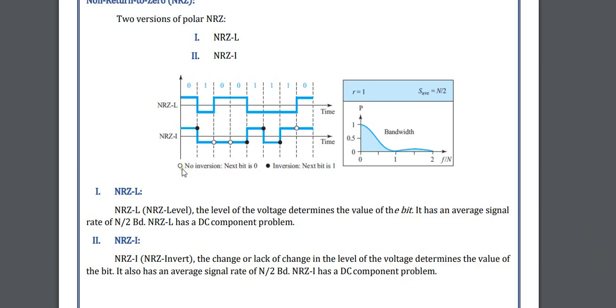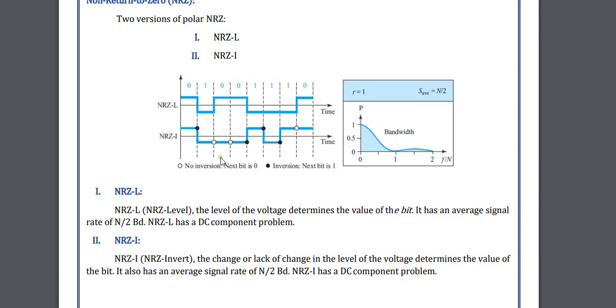In this section we have some points. No inversion if the next bit is 0. There is no inversion for NRZ-L, and for NRZ-I, which denotes the inversion, the next bit is 1.